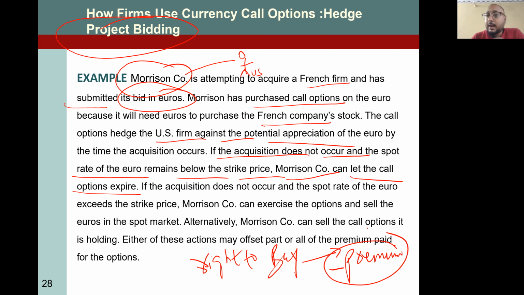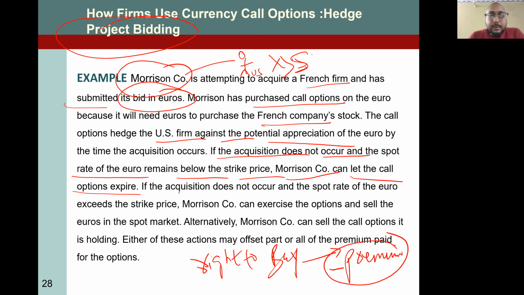If at expiration the euro depreciates, it is better for Morrison to purchase from the market rather than from the seller of the call option, because the strike price is going to be higher than the spot price. So you let it expire.